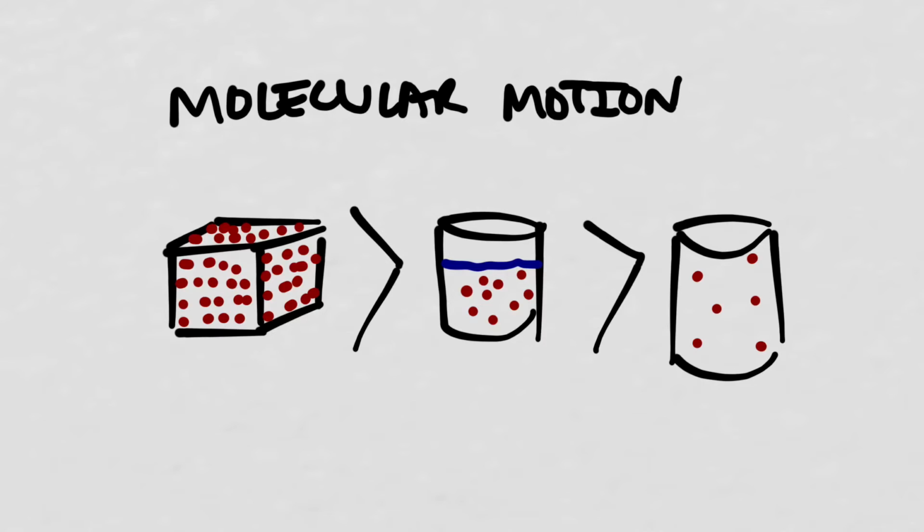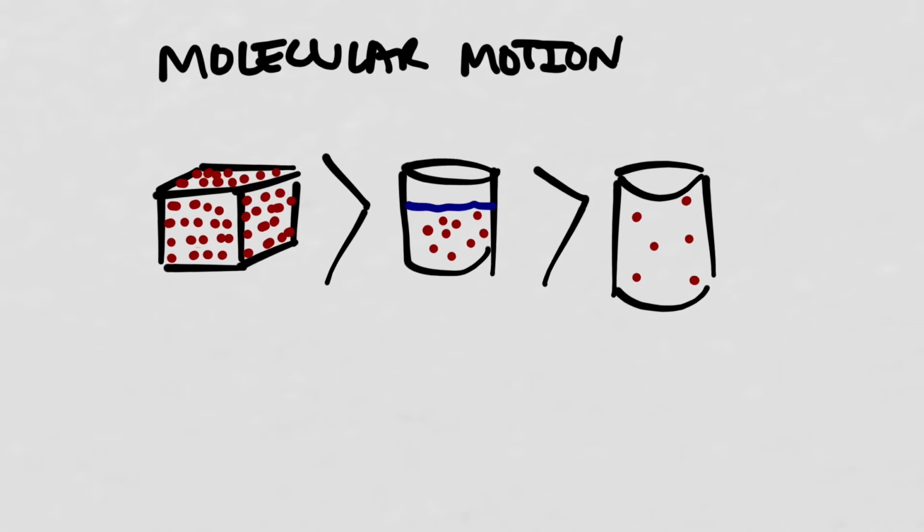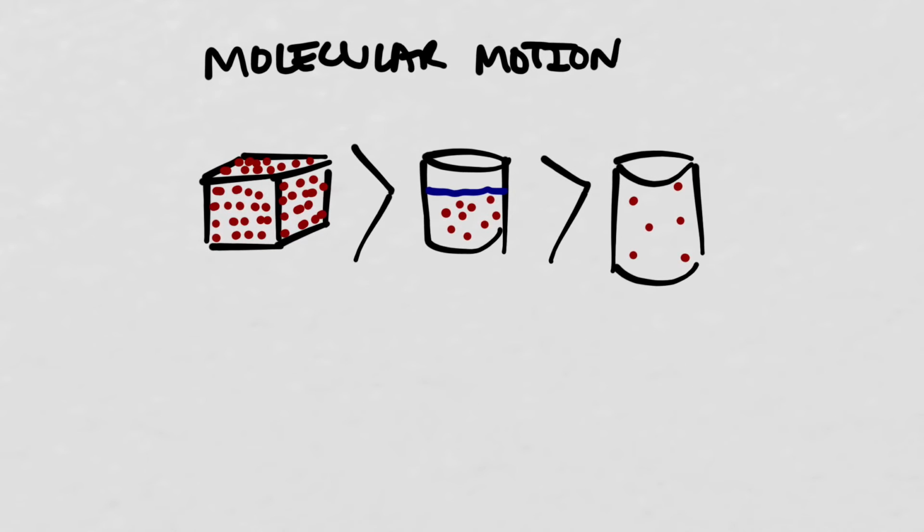So the craziness of the molecular motion of a substance depends on the state that it's in. A gas is going to be crazier and more vigorous than a liquid, which is again going to be crazier and more vigorous than a solid. Okay, so all things have this inherent molecular motion.